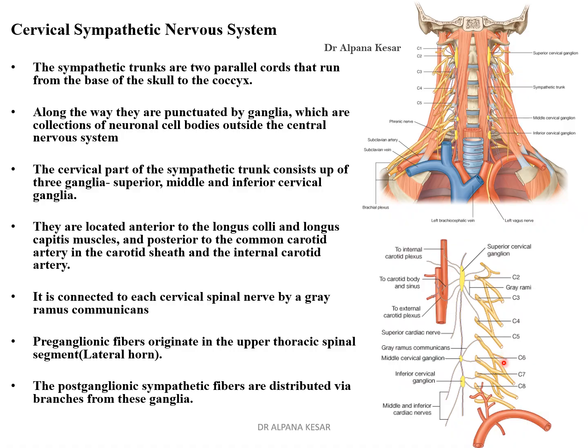All these 8 cervical spinal nerves receive postganglionic fibers from these 3 cervical ganglia, and the preganglionic fibers for the 3 cervical sympathetic ganglia originate in the lateral horn of the upper thoracic spinal segments, that is from T1, T2 segments of the spinal cord. The postganglionic sympathetic fibers are distributed via branches from these ganglia.